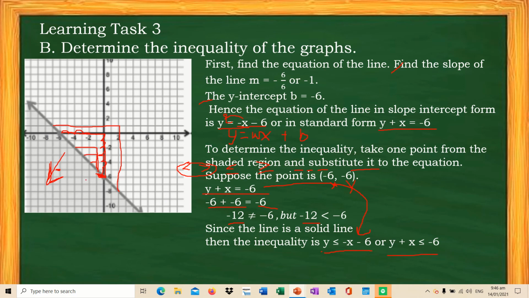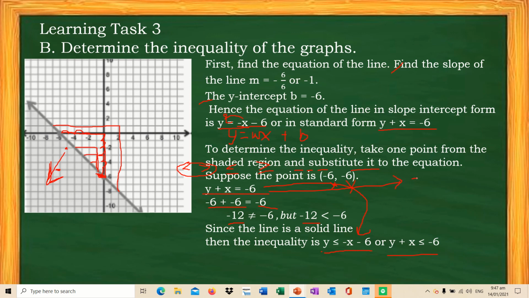So, let us try another point dito sa lower part. So, let us have this one. So, the coordinate of this is negative 5 and negative 2. So, sa equation na to, palitan natin.